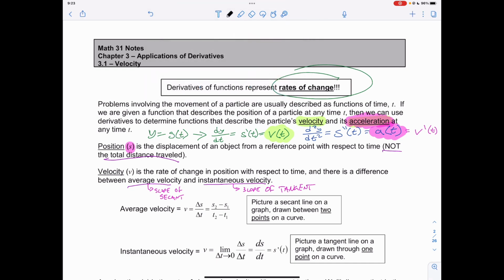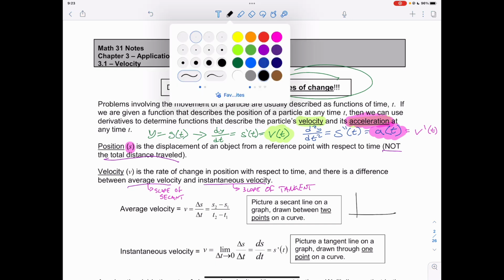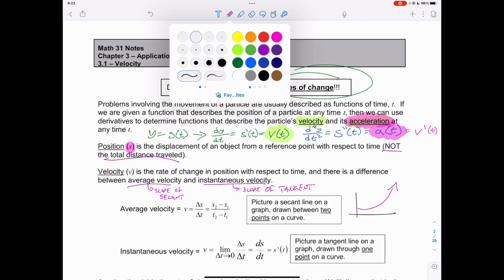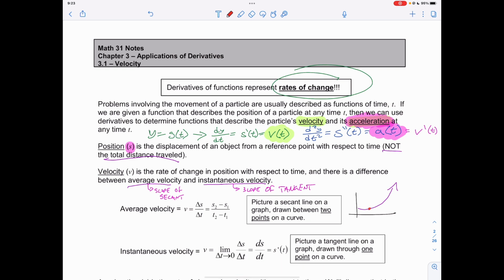So if I have a graph, I have a curve, and then I'm taking 2 points on that curve and finding what the slope of that is using my rise over run. So I have my change in t, and I have my change in s.